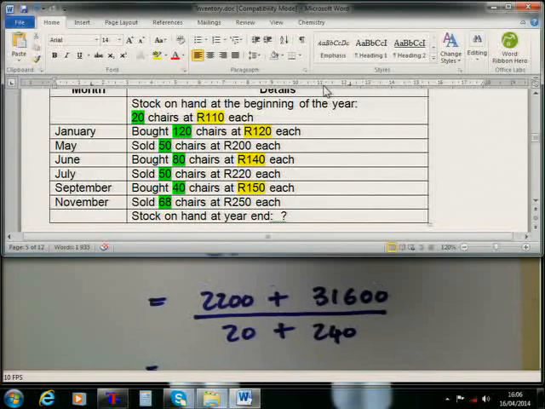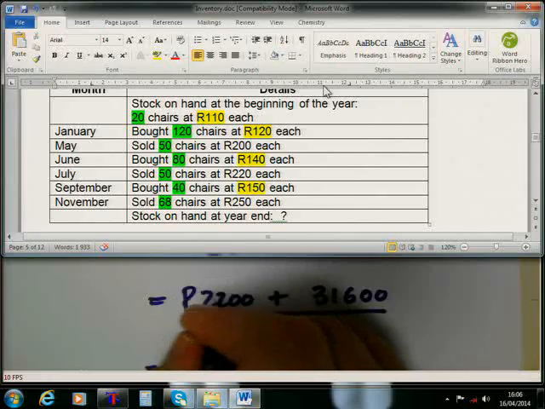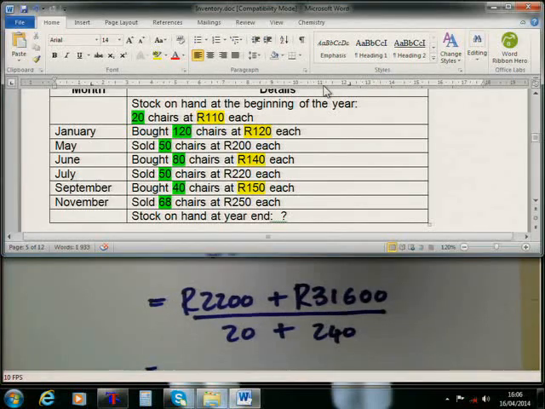I want you to concentrate on this. This is money and this is quantity. So that means that the opening stock was worth 2,200 rand, but it was only 20 chairs.